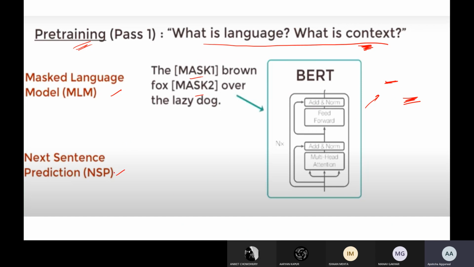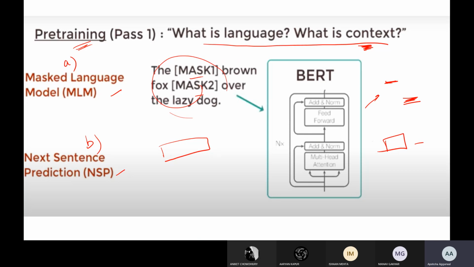Now the second thing is, in pre-training itself, there are two parts. First is masked language modeling, and second is next sentence prediction. Whatever the first sentence was, it will predict the next sentence. So in pre-training, from your data set itself, it will run two models.